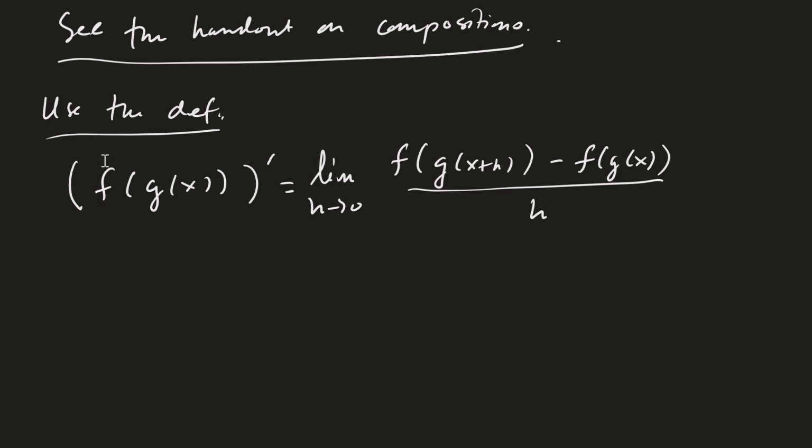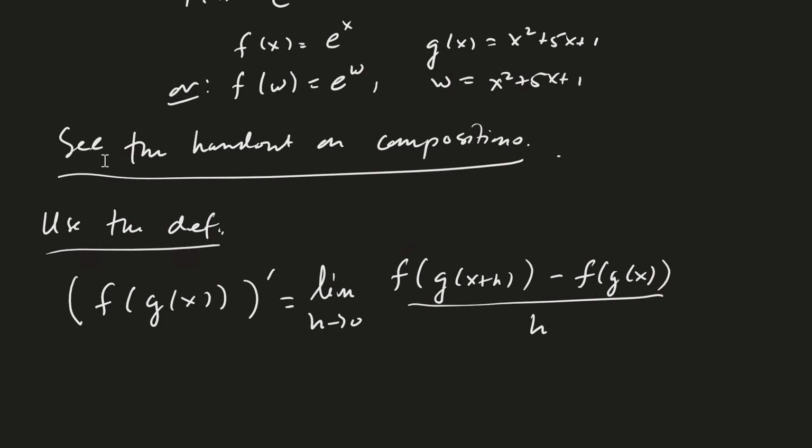divided by h. Okay, now I'm going to do a little bit of an algebra trick. Notice that f doesn't depend directly on x, f depends on g. And so that's what I was trying to write up here. I was trying to emphasize that f doesn't depend in this example on x. f actually depends on an intermediate w, right?